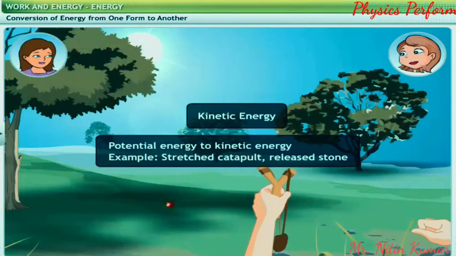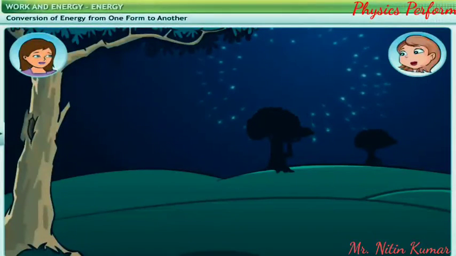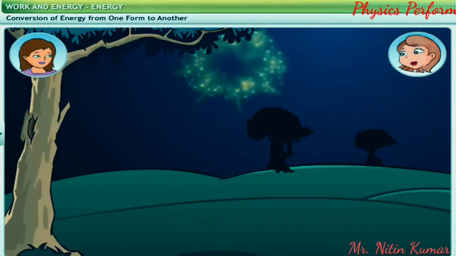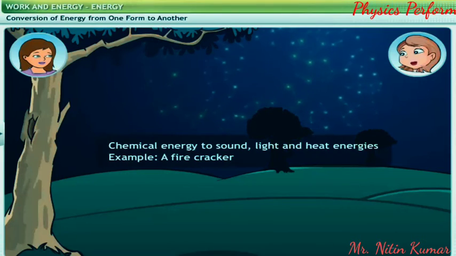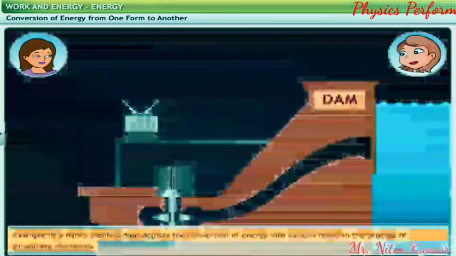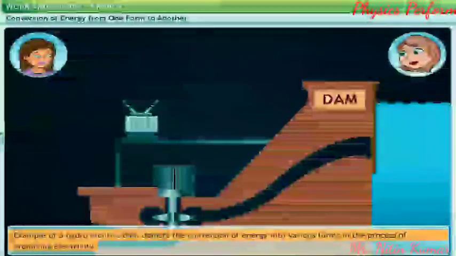With this energy, it can hit a target. And finally, the colorful displays from firecrackers also involve conversion of energy. When we ignite a firecracker, the chemical energy stored in the cracker results in producing the sound, light, and heat effects that you see.